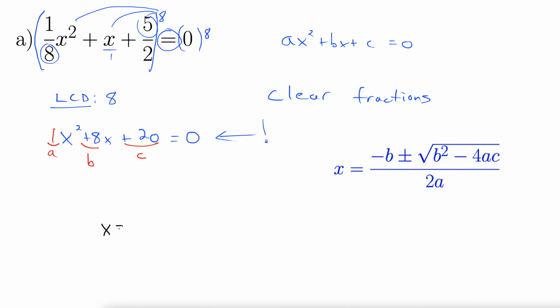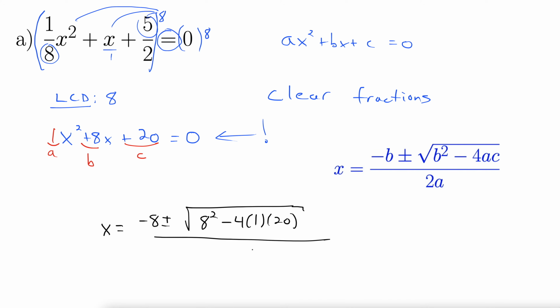So we have x equals negative b, so negative 8, plus or minus the square root of b squared. That's 8 squared minus 4 times a, which is 1, times c, which is 20, all over 2 times a, which is 1.